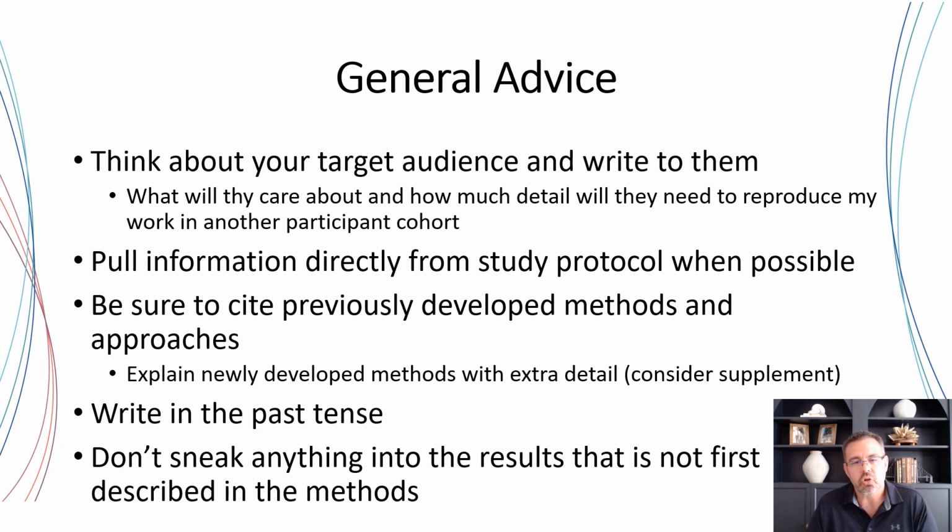But this could certainly include a measure or some exposure or some outcome that we didn't first describe in our methods, right? Including it in the results. And so anything that we see in our results, or certainly anything that we discuss in the discussion of our manuscript, we always want to make sure we have first introduced it and described it in sufficient detail to our readers in the method section.